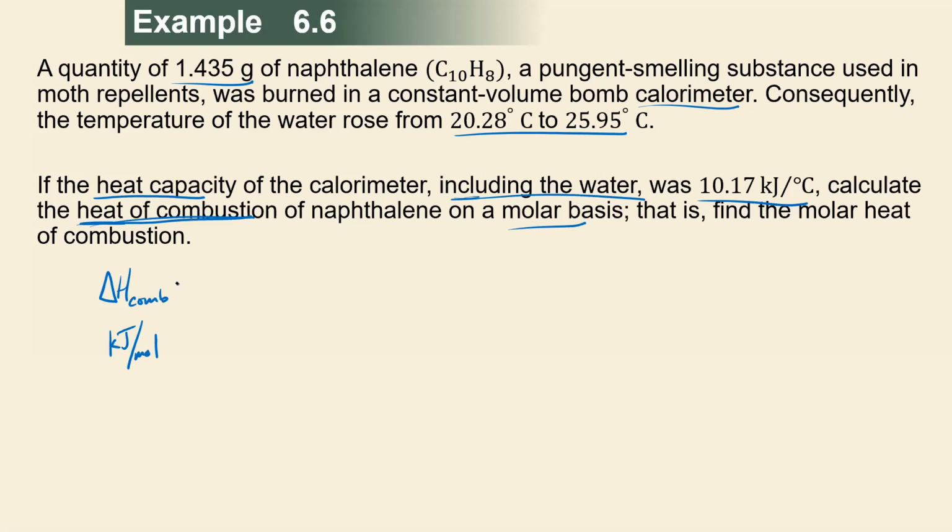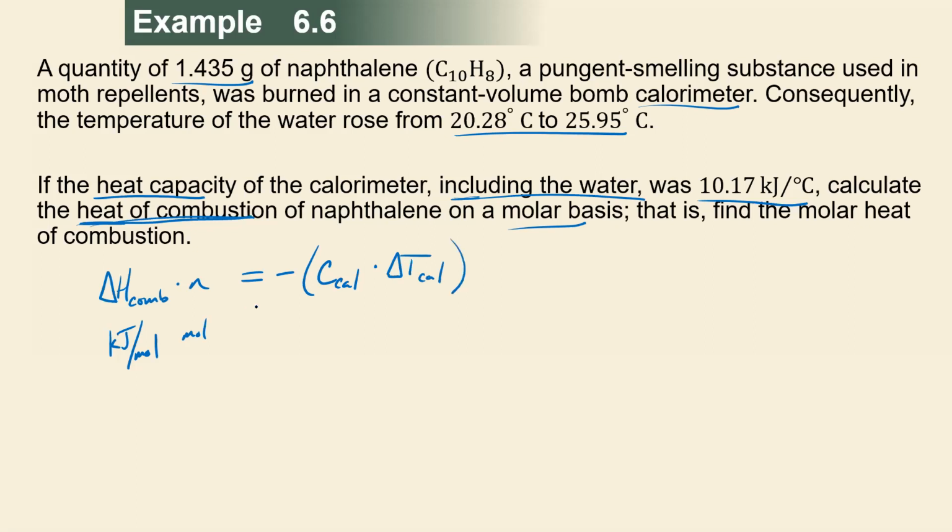So I need to multiply this by the number of moles of naphthalene that I have. That's going to be equal to negative my surroundings, right? So the mass of, in this case, water. Oh, I don't need to do that because I have the calorimeter constant. So the heat capacity of the calorimeter times delta T for the calorimeter.